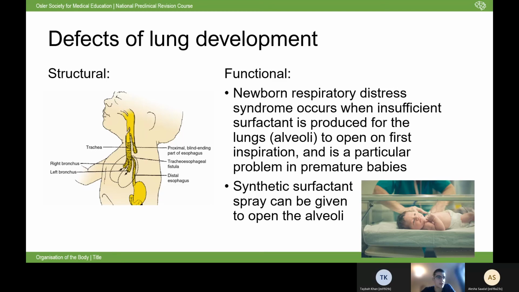Now, if you've been revising your lung physiology recently, you'll remember that you have an oily surfactant that lines your alveoli and reduces the surface tension in those air sacs to allow them to expand easily when you inspire. Now, if you don't get the production of that surfactant, then your lungs won't open on your first breath.